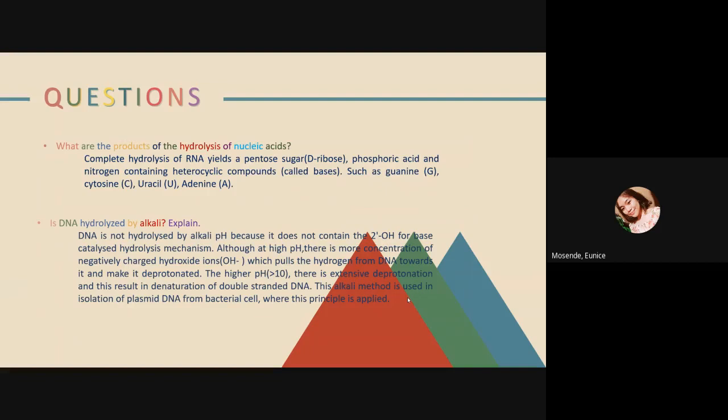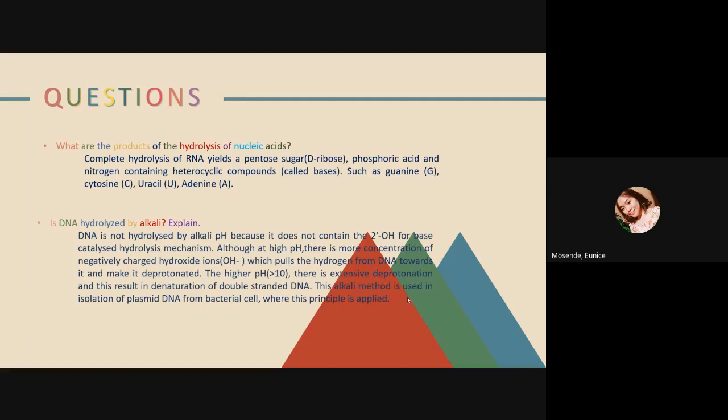The next one: is DNA hydrolyzed by alkali? DNA is not hydrolyzed by alkali pH because it does not contain the 2'-hydroxyl group for the base-catalyzed hydrolysis mechanism. Although at high pH, there is more concentration of negatively charged hydroxide ions, which pull the hydrogen from DNA towards it and make it deprotonated. At higher pH, there is extensive deprotonation and this results in denaturation of double-stranded DNA.